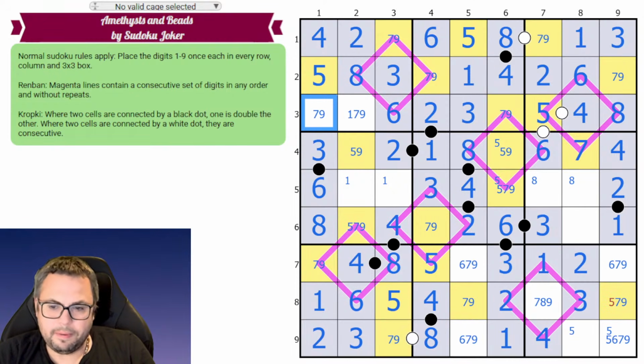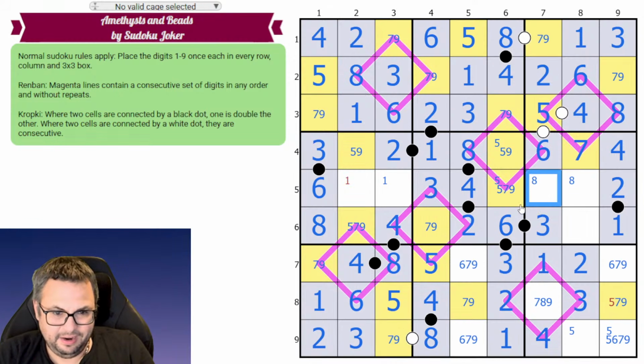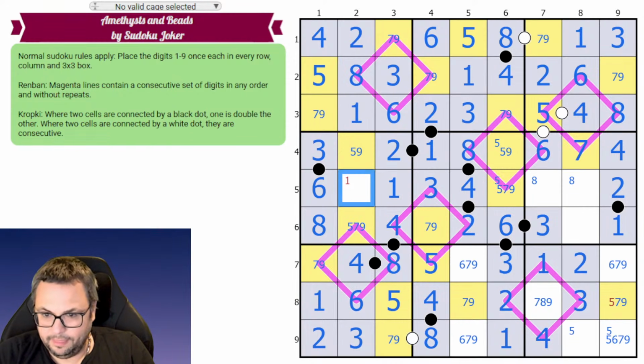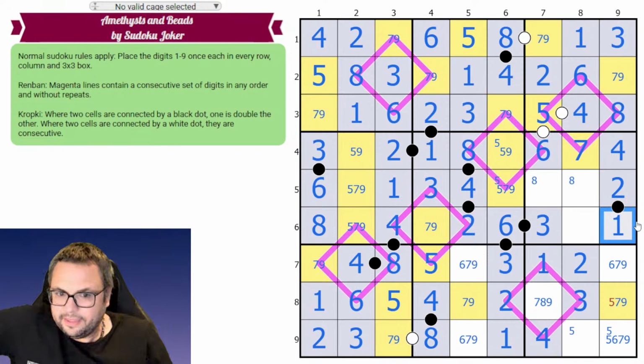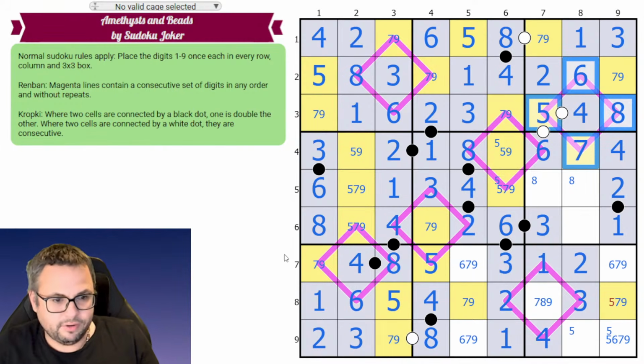I think the setter probably leaned a little too much into the aesthetic of the grid, and it caused them to accept things that they ought not have, for my taste at least. Which is an easy thing to do, because if you're looking at a grid like this, then you don't really want your Renbans not all to look like this sort of general thing.